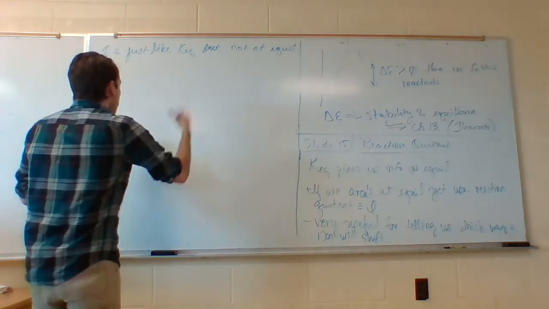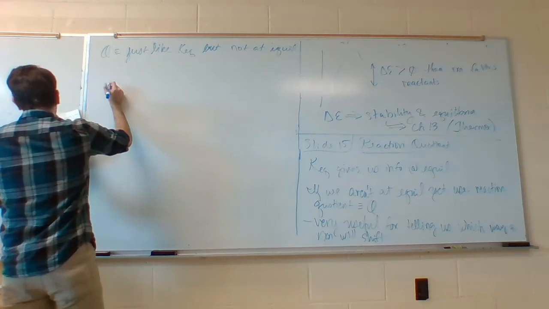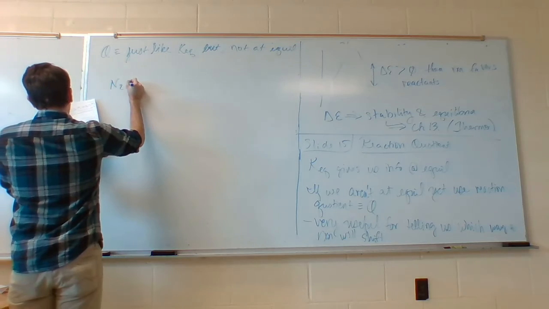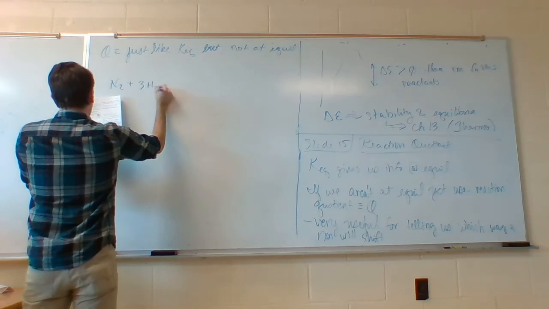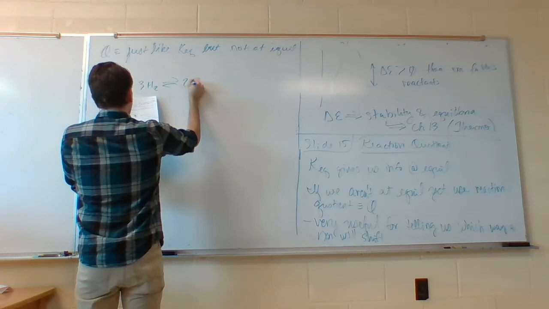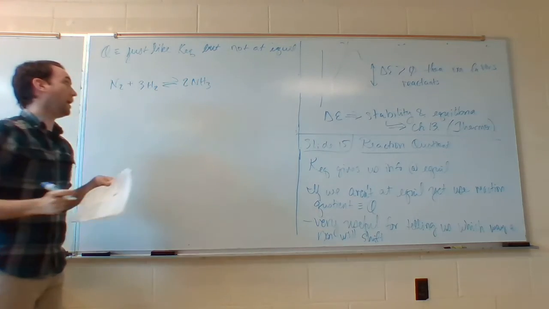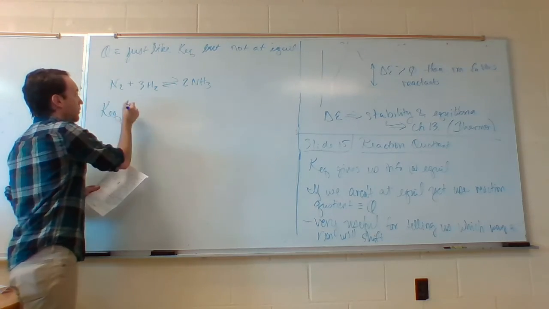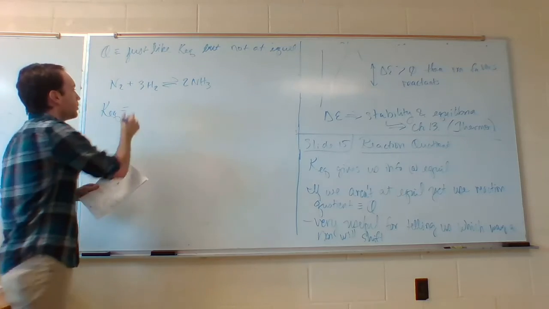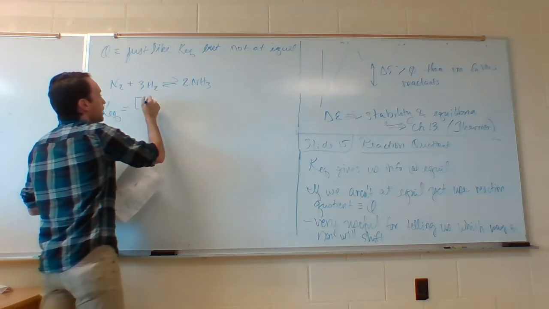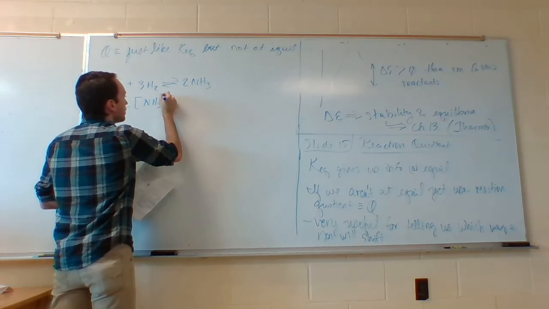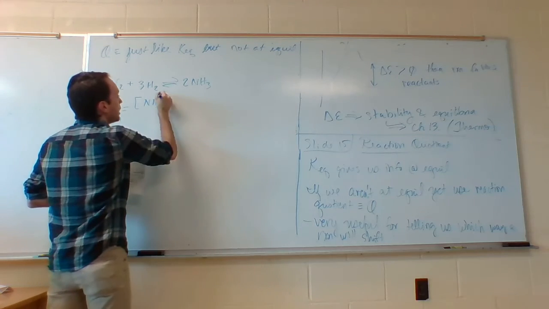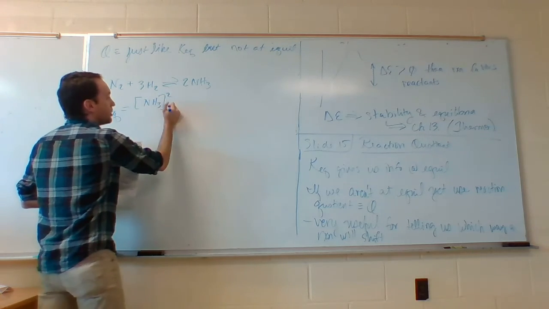So, I know that was kind of a long-winded way of saying this, but let's say that we had the reaction N2 plus 3H2 in equilibrium with 2NH3. If we have this, what would my K_EQ be? Well, my K_EQ, if they were all at equilibrium, is going to be defined as my NH3 concentration raised to its stoichiometric coefficient.